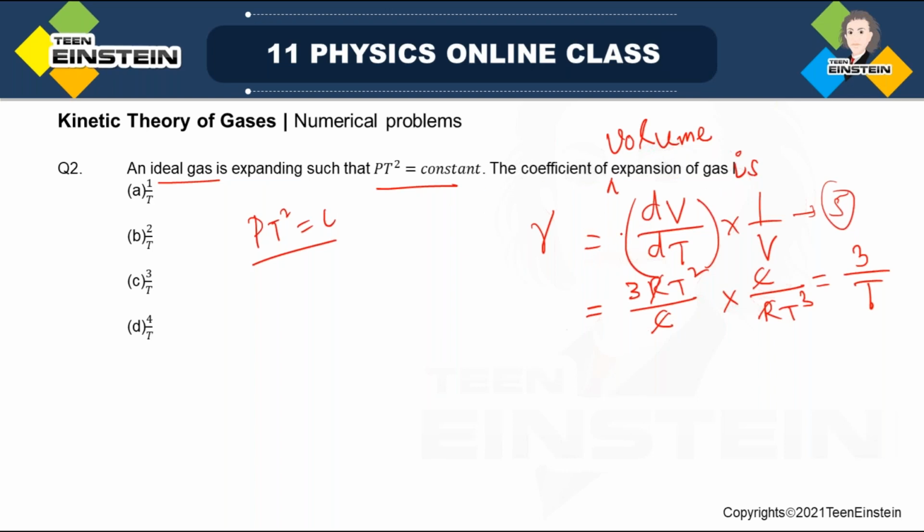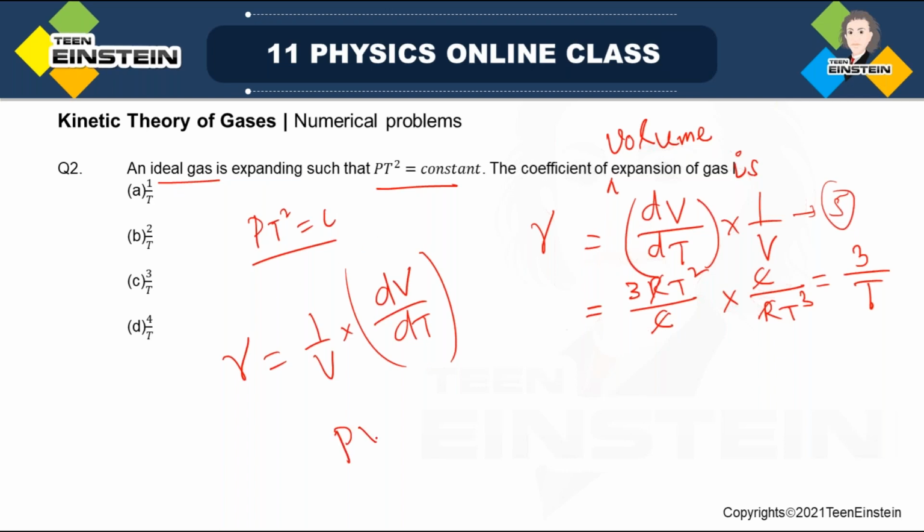You need to know the definition of volume expansion of the gas so that you can solve the problem. So this is the key point. You have to remember what is the volume expansion coefficient: 1 over V into dV by dT. You need to know the definition, and you have to remember that this is an ideal gas.